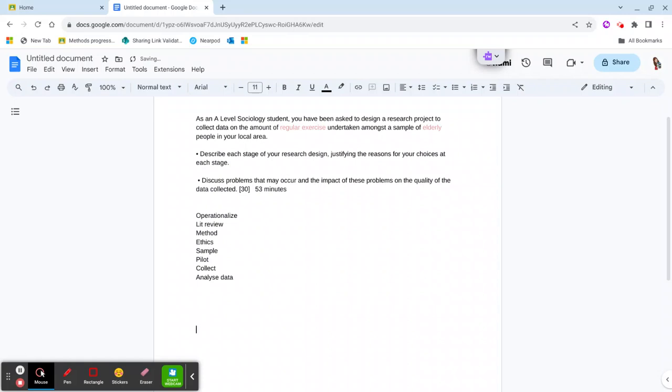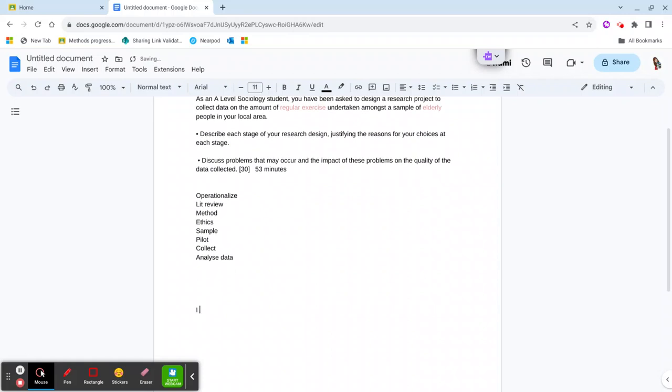So I'm going to show you the paragraphs. The first thing I'm going to do is operationalize the terms.